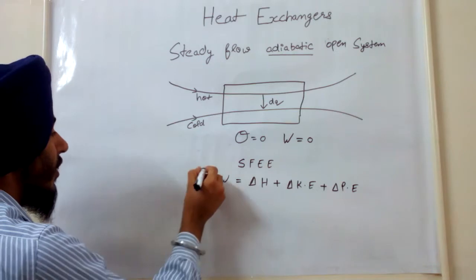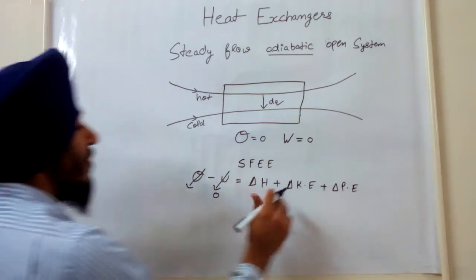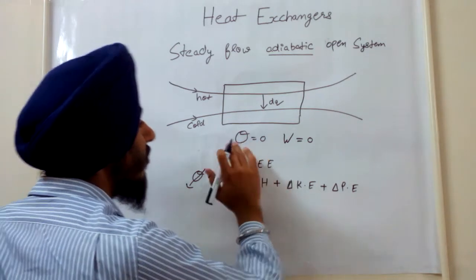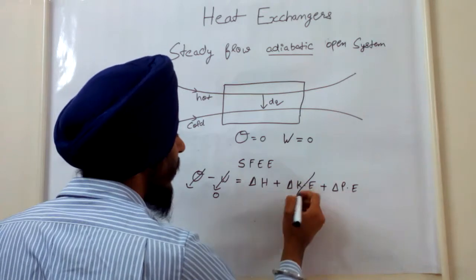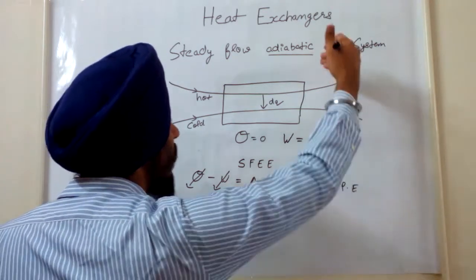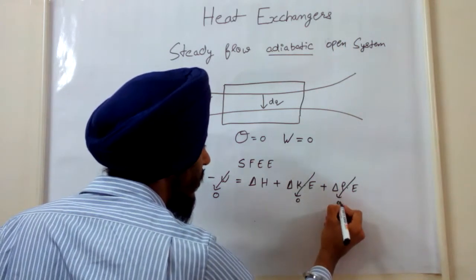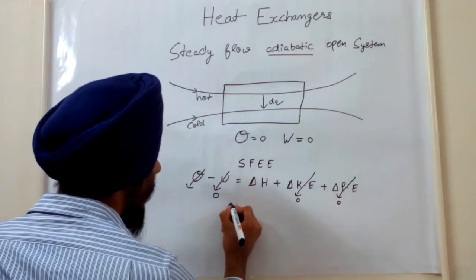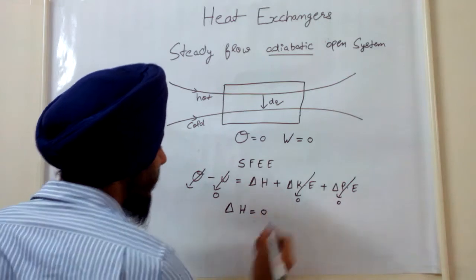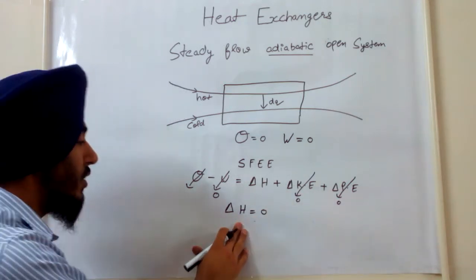Since the system is adiabatic, Q is 0, and work done is also 0. Since the heat exchanger is not moving, the change in kinetic energy is also 0. The heat exchanger is not moving above or below, so the change in potential energy is also equal to 0. So we get delta H is equal to 0. That is, the change in enthalpy of the heat exchanger is 0.